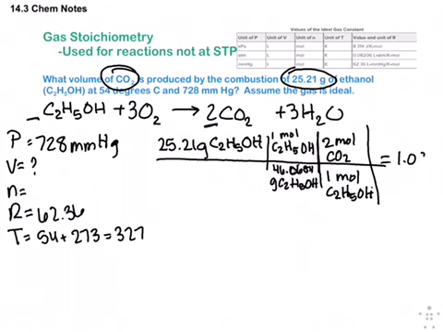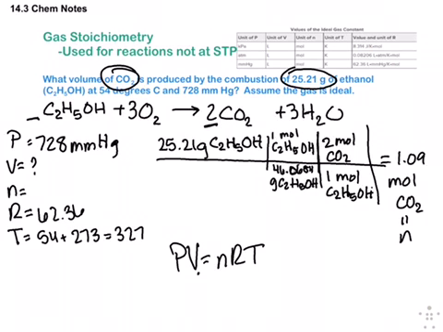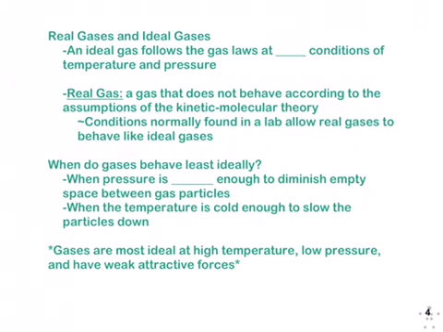And we'll get 1.09 moles of CO2. So now that we have our N value, you can use PV equals nRT to solve for volume, which I'm assuming you're comfortable with that step. Volume is 30.53 liters.